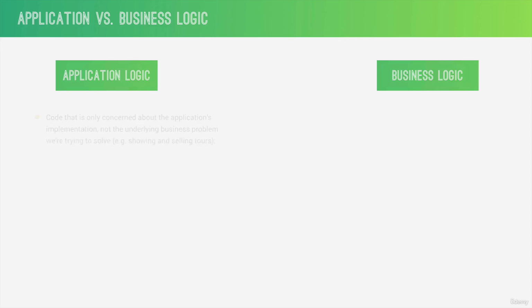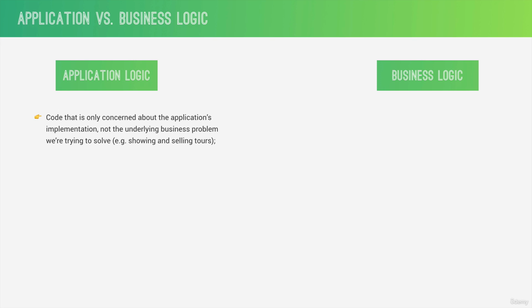So, application logic is all the code that is only concerned about the application's implementation, and not the underlying business problem that we're actually trying to solve with the application, like showing and selling tours, managing stock in a supermarket, or organizing a library, for example. So again, application logic is the logic that makes the app actually work.